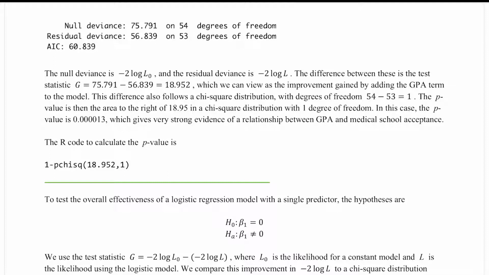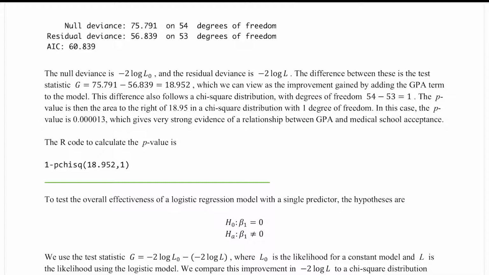So here for our model output, and you might have noticed these in your model output and I haven't mentioned them up till now, we have the null deviance based on the null model and the residual deviance based on the model with GPA in it.